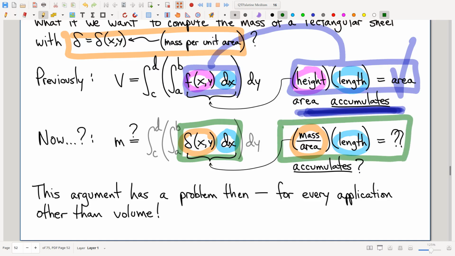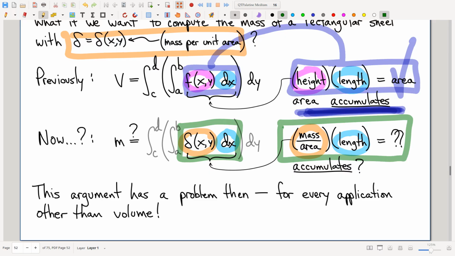And I don't really know. Mass per unit area is a thing that you're supposed to multiply by area. If you ask me, hey, what do I get when I multiply mass per unit area times area? I'm going to say mass. Right, that's mass per unit area's job, is to be the thing you multiply by area to get mass. When you say mass per unit area times length, I don't know what that is.